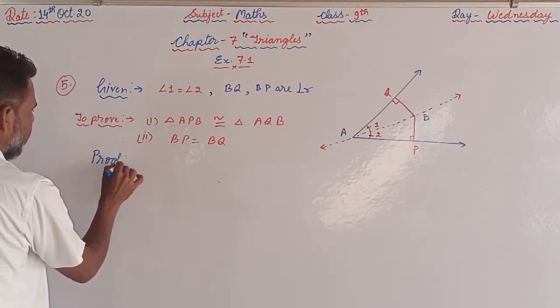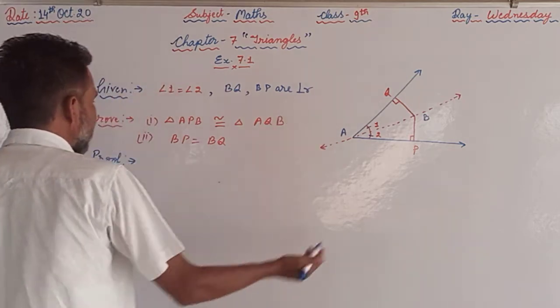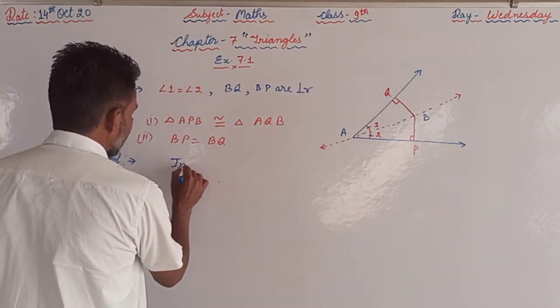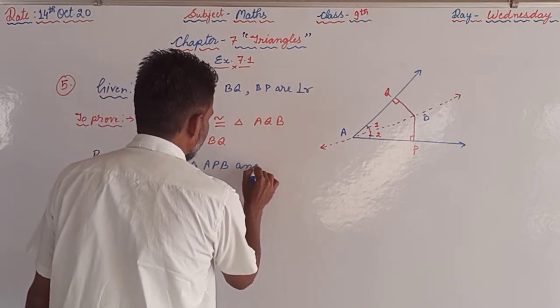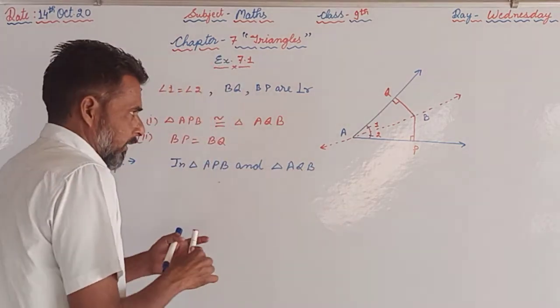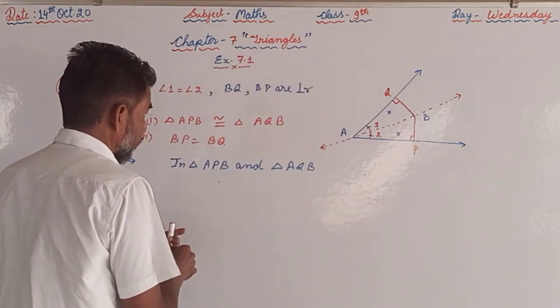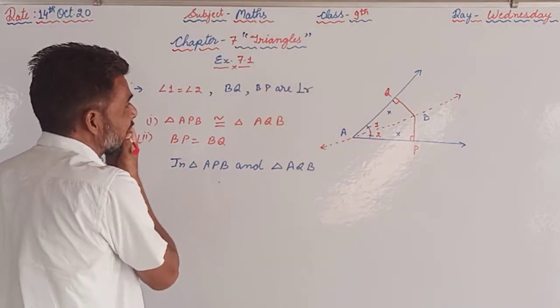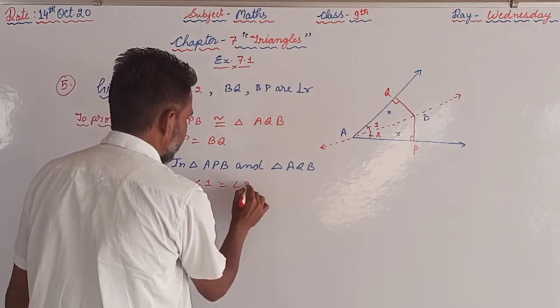First of all we have to prove the triangles congruent. So if we are supposed to prove the triangles congruent, we are supposed to compare the triangles. So in triangle APB and triangle AQB, means in this triangle and this triangle, angle 1 is equal to angle 2.